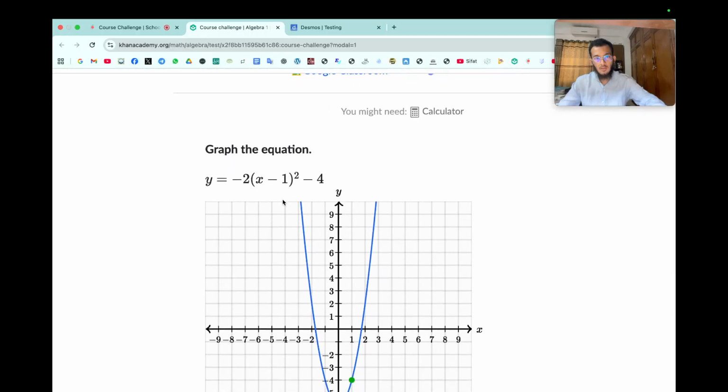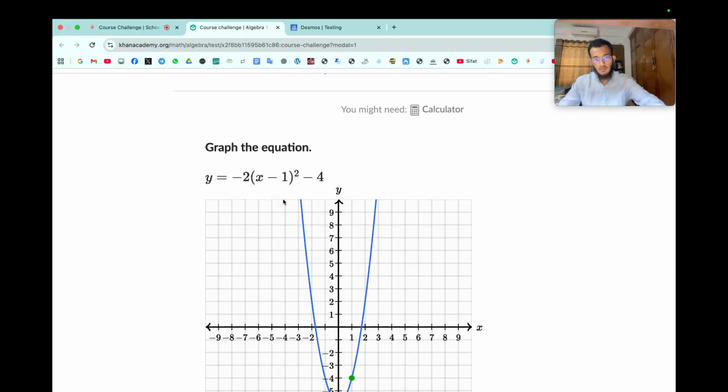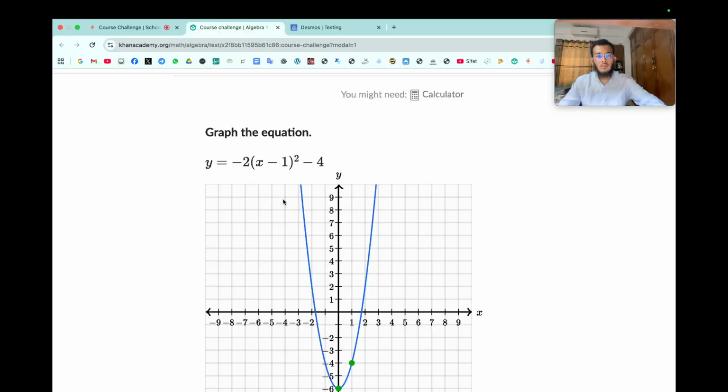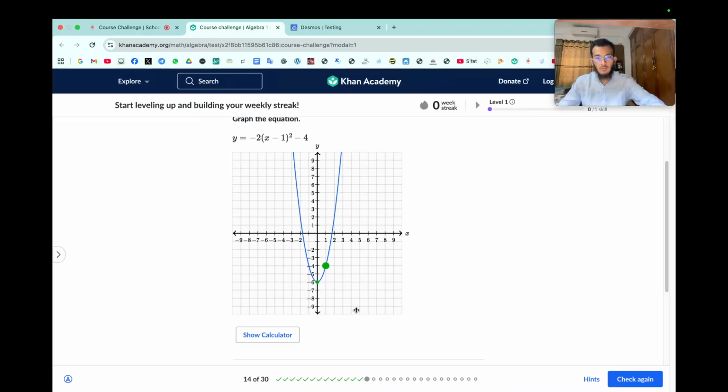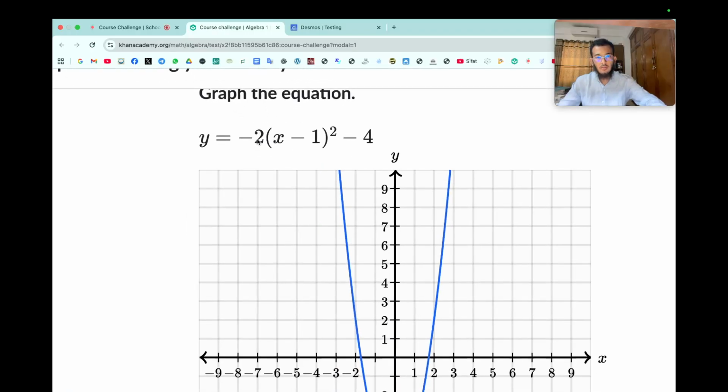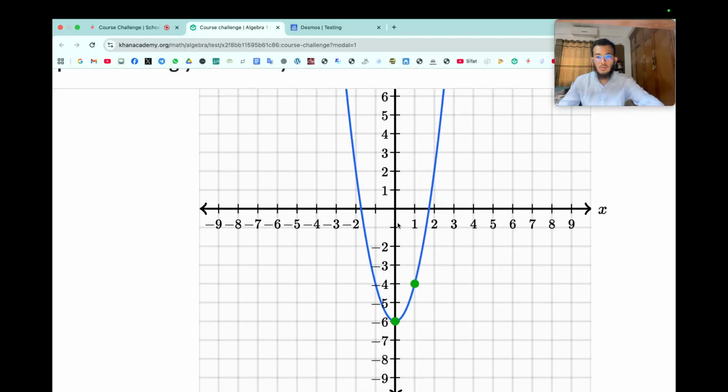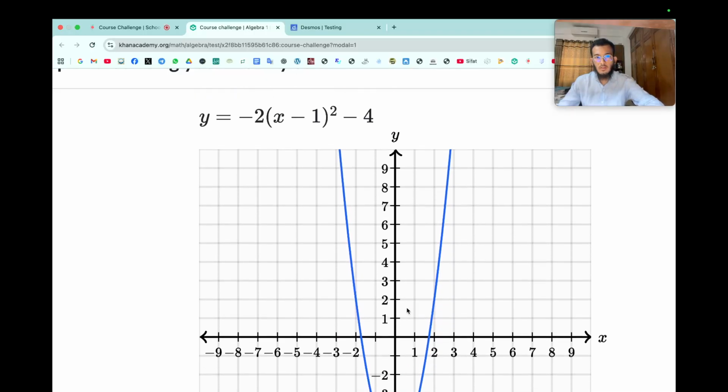The vertex is x equals 1 and y equals minus 4. But because the leading coefficient is negative, the graph would be not the smiley shape but the sad face. But this shows something else.